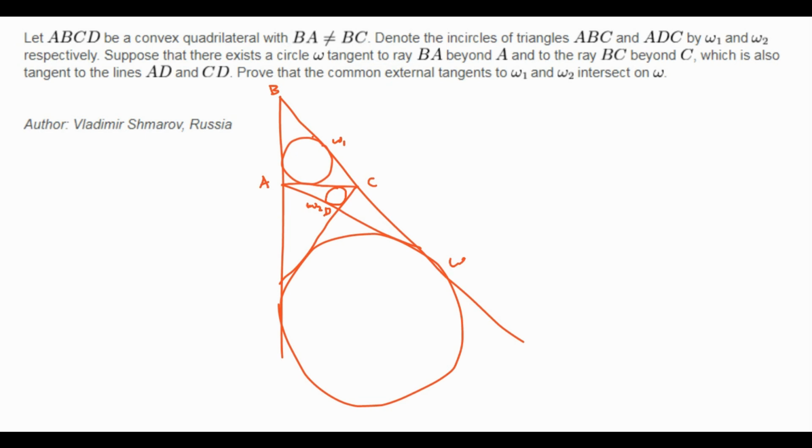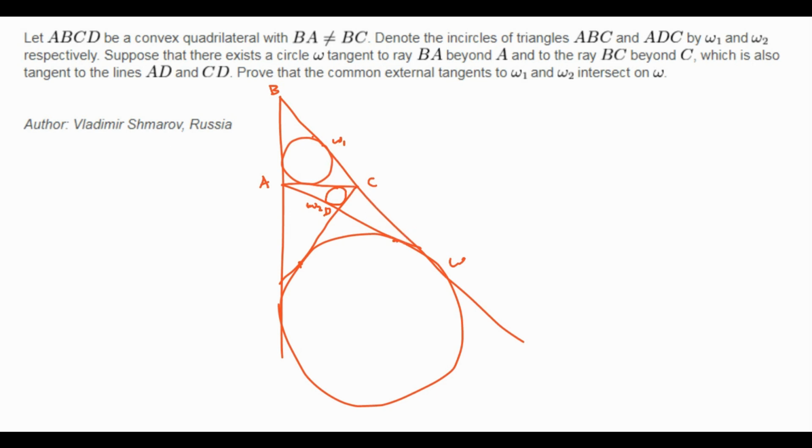Let ABCD be a convex quadrilateral with BA not equal to BC. Denote the incircles of triangles ABC and ADC by omega 1 and omega 2 respectively, as shown on the diagram. Suppose that there exists a circle omega tangent to ray BA beyond A and ray BC beyond C, which is also tangent to lines AD and CD. So AD, CD, they're all tangent at these points.